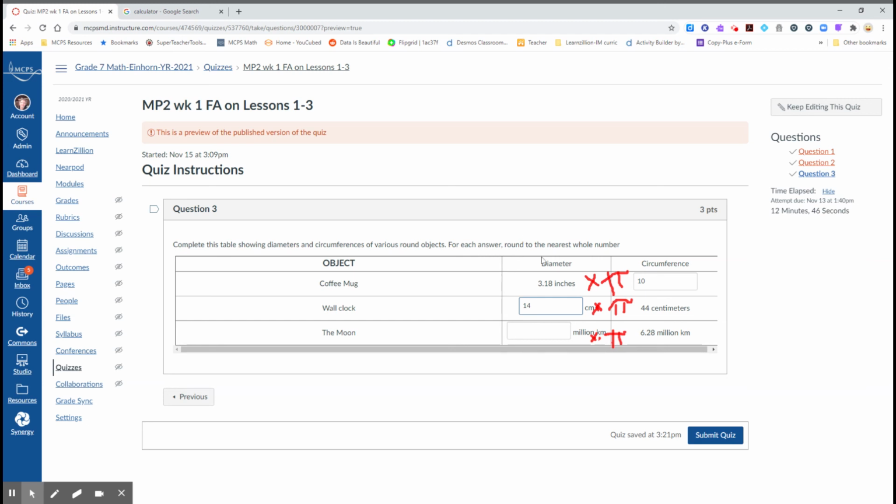So again, when we're going to the right, we multiply. When we're going to the left, we have to do the opposite. We're going to divide. So what are we going to do on the moon here? Well, we're trying to find the diameter. So we're starting at the circumference and going to the diameter. It means, again, we're going to divide. 6.28 divided by 3.14.